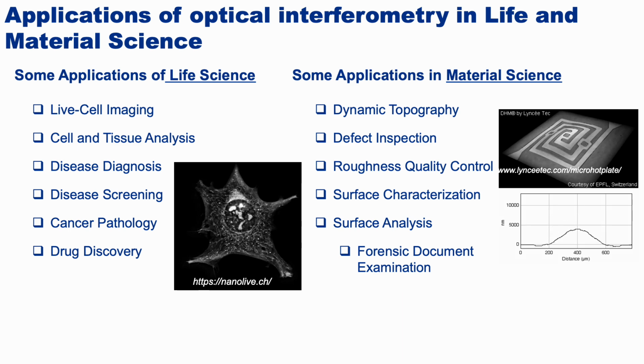In life science, it's low cost, you only need one single image, so it allows you to do live cell imaging. It's quantitative, so you can provide some analysis when comparing different cells, especially if you are doing disease diagnosis screenings or drug discovery. For material science, we are more interested in seeing the topography and whether there are defects, or how we are characterizing the surface and doing some analysis.